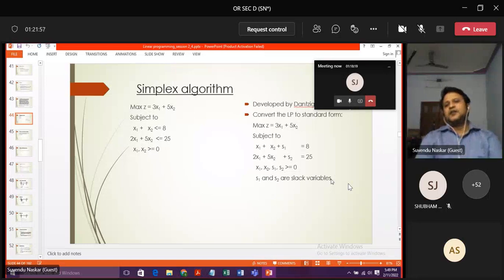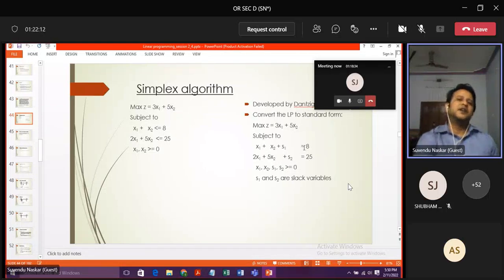Now, use your class 12 knowledge. You have 4 variables and you have only 2 constraints, or maybe you can consider the non-negativity constraint as another constraint. But actually you have 2 constraints and 4 variables to solve. Obviously you will get multiple solutions.